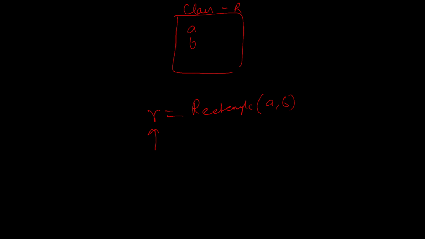That means Python has to take this, put it in a memory address, and then there define A equals, here let's say we're saying 9, and then we have to say B equals 6. Correct? Python has to do this. And then R has to point here.